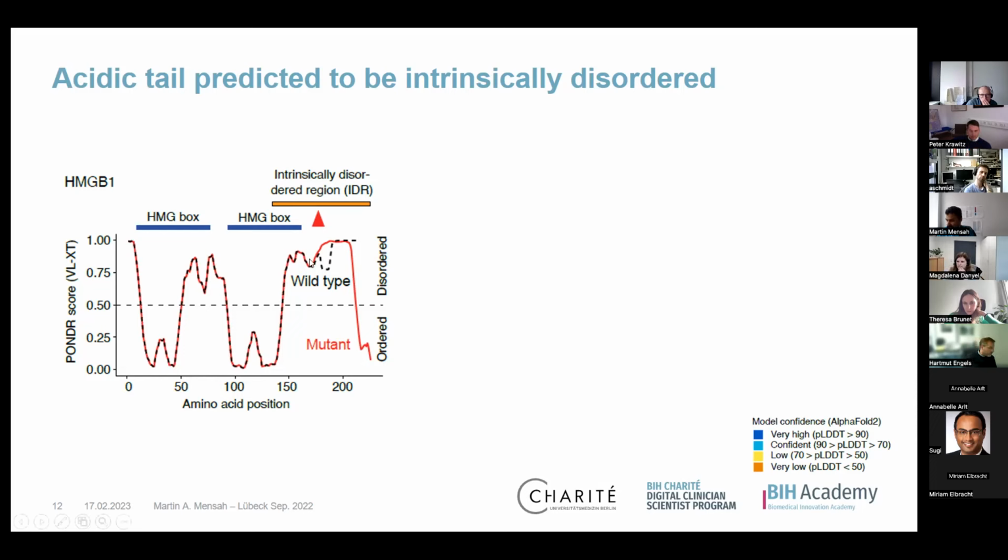And the colleagues there can bioinformatically predict the propensity of an amino acid sequence to be disordered or ordered. And what you see here is that their prediction told them that the disordered character of the wild type amino acid sequence, here shown as a dashed black line, is now changed to an ordered or a more ordered structure at the very end here, but remains disordered in the beginning.